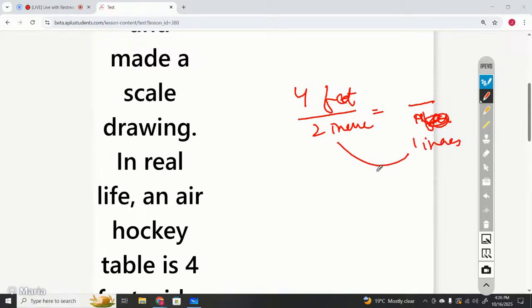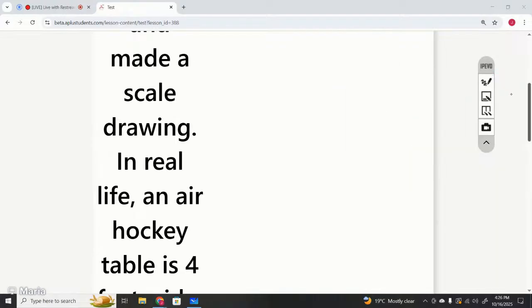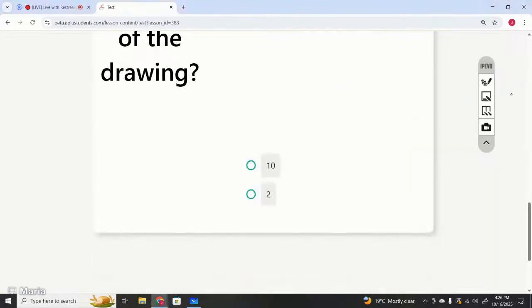So 1 times 2 is 2. So what number times 2 is 4? That is 2 times 2 is 4. So it would be 2 feet. The correct option is 2 feet. Very good. Option number 2 is the correct option.